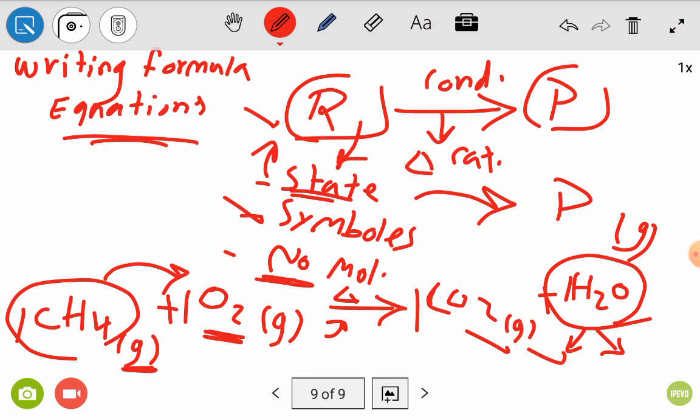Also, formation of bubbles or producing a gas could be an indicator that a chemical reaction takes place. A precipitate is a solid substance that is produced as a result of a chemical reaction in a solution and separates from the solution.